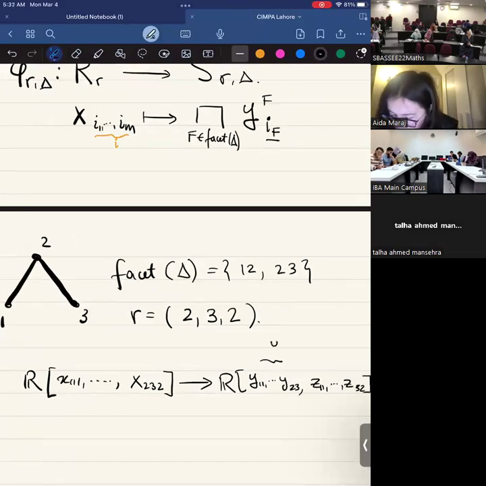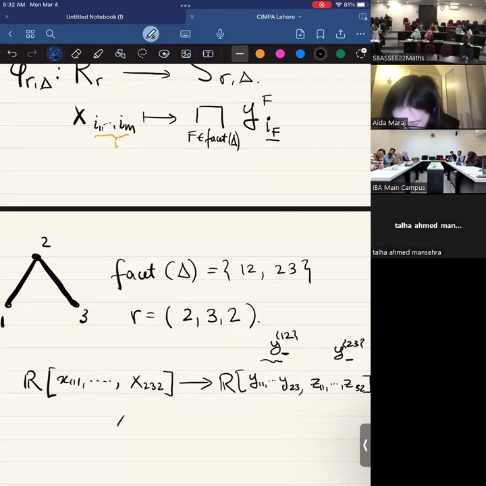This is for y_{12} and this is for y_{23}, kind of the set. For simplicity, I'm calling them z.